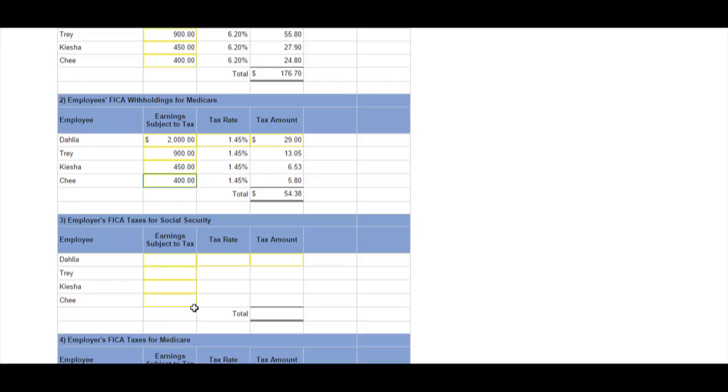Part 3. This is the employer's FICA taxes for Social Security. The employer has to match the amount withheld from the employee, so these numbers are the same as Part 1.